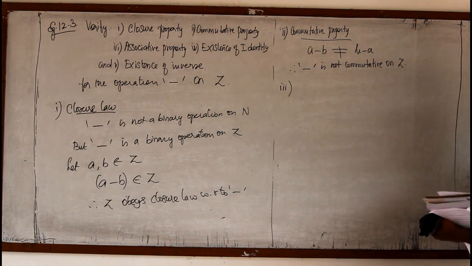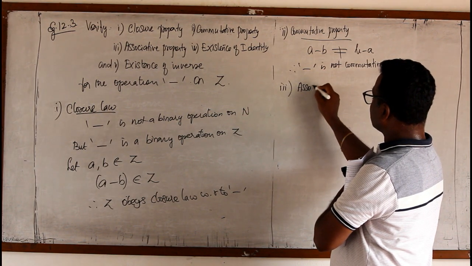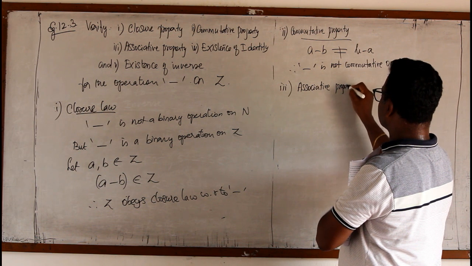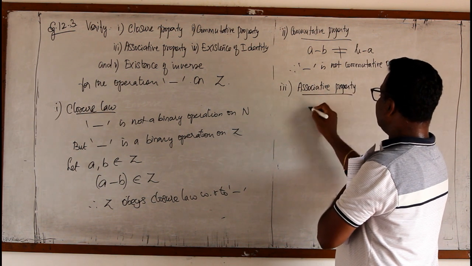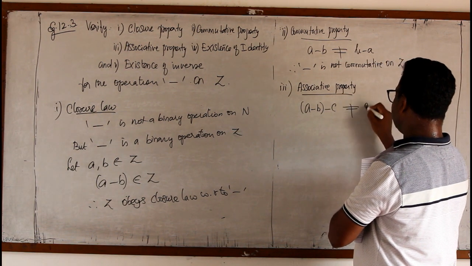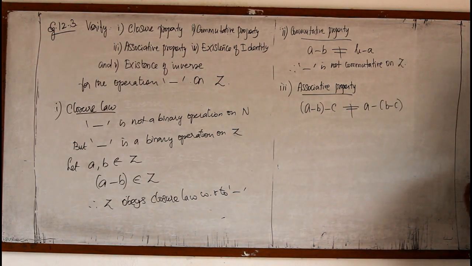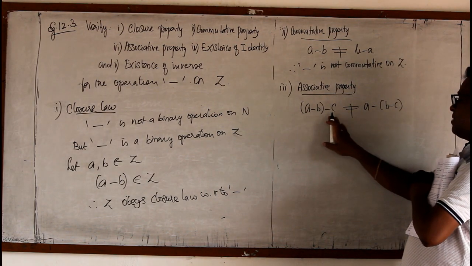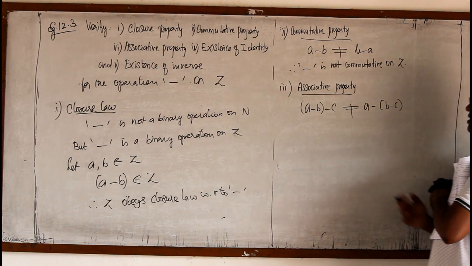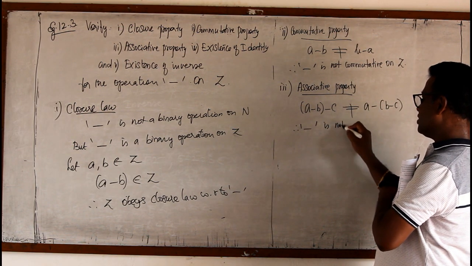Now, when we go for associative law, again we have a peculiarity. a minus b minus c definitely won't be equal to a minus b minus c grouped differently. You know very well, a minus b, suppose it is positive, minus c, it may be positive or negative. Similarly, that won't be equal to the other grouping, whatever be the number. Therefore, minus sign is not associative on Z.